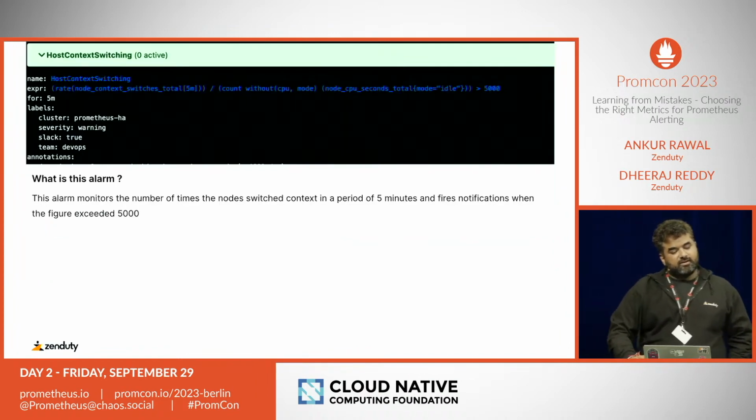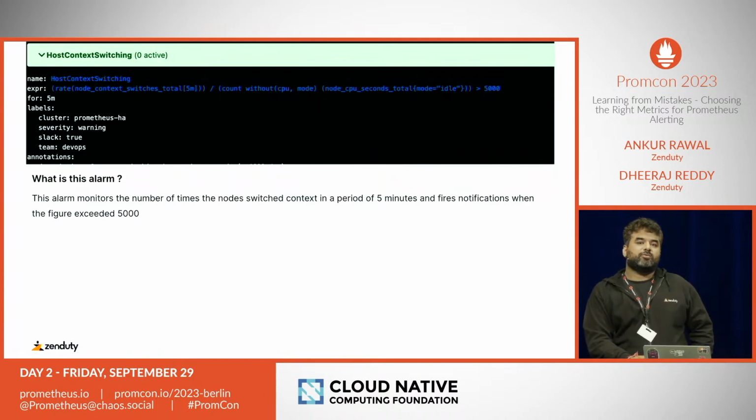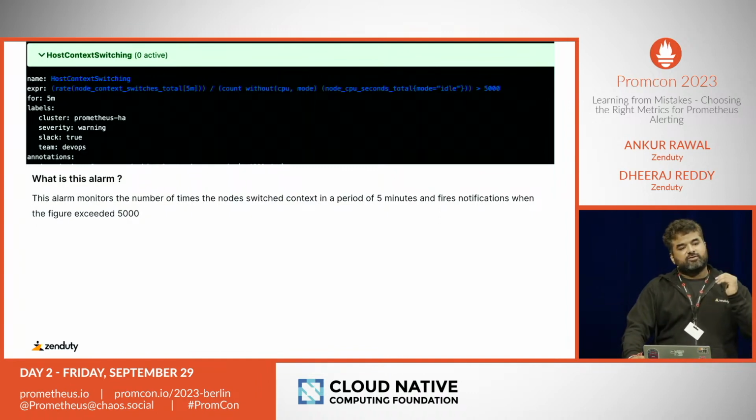Next would be high context switching. Context switching is where your CPU switches from one process, or the thread count moves very frequently within your applications, right? When you are early in the stage of monitoring, you may not understand what kind of traffic you're getting and how your application is responding to these requests.